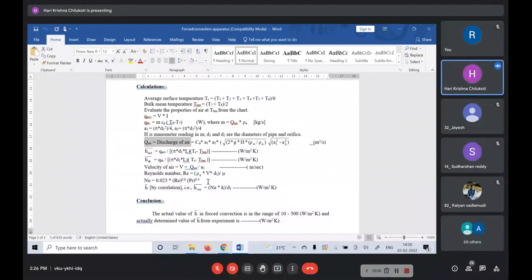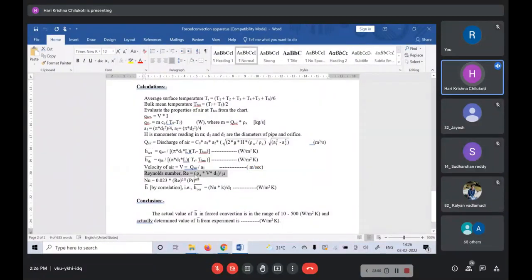Once we know the velocity, at a later stage you will learn that the non-dimensional convective heat transfer coefficient is a function of Reynolds number and Prandtl number. Those two are also non-dimensional numbers. The Prandtl number is a property of the fluid, and we will obtain the Reynolds number for this particular experimental condition.